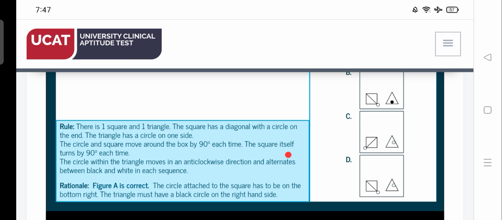The square itself turns by 90 degrees each time. The circle within the triangle moves in an anti-clockwise direction and alternates between black and white in each sequence.